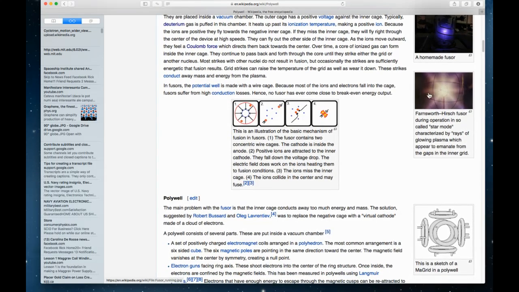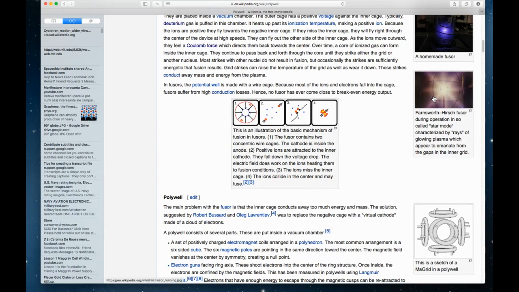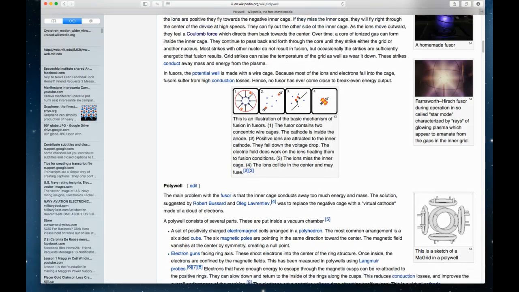They use a wire cage in that instance to control the electromagnetic field. Sometimes they use three loops, as you can see in the center of that one Farnsworth-Hirsch fuser picture there.